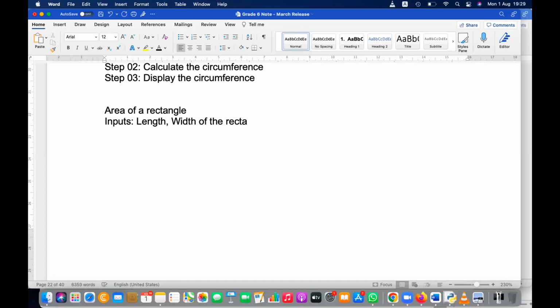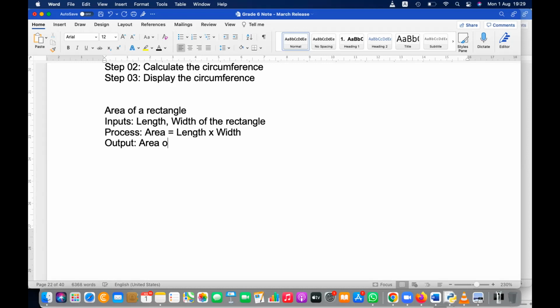So what is the process? Multiply length by width. Area equals length multiplied by width. That is the process. So what is the output? What do you need to display after doing all these things?